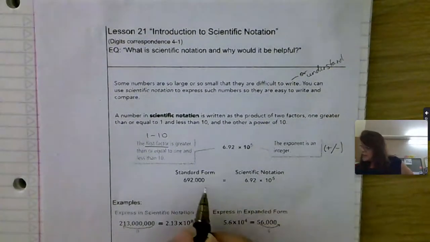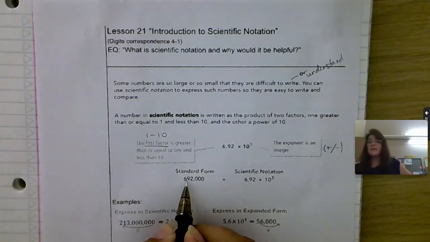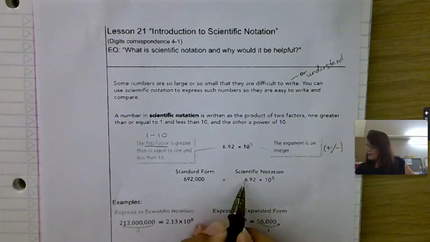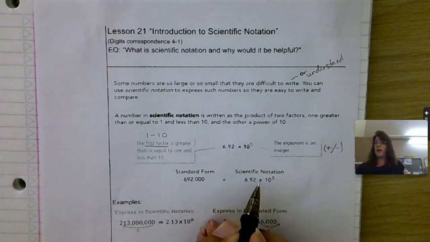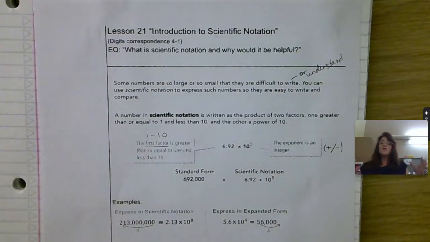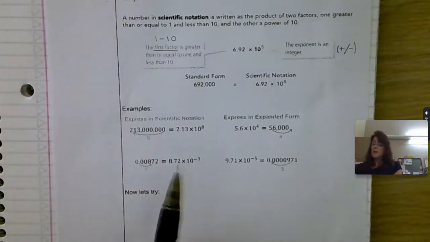Which means that the decimal here is 10 to the fifth power more than this unit right here. So this number is between 1 and 10, times 10 to the fifth power, 10 with 5 zeros, which gives us this number if you multiply them together. It's just a way of shortening it and being able to make comparisons with really big numbers or really tiny numbers. So let's look.